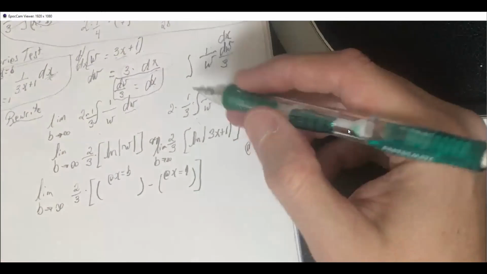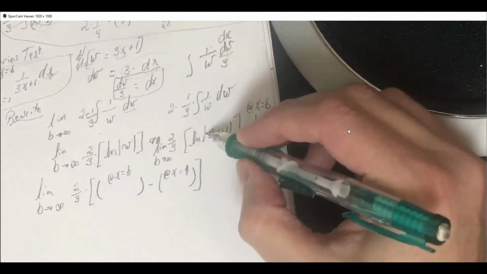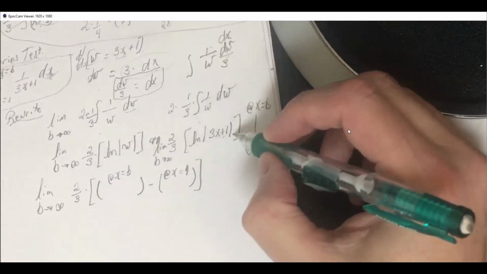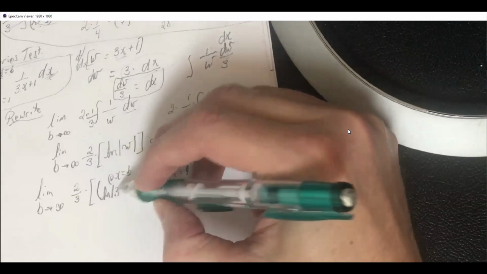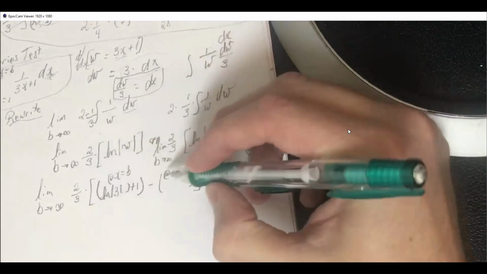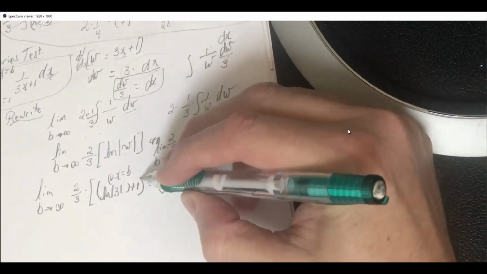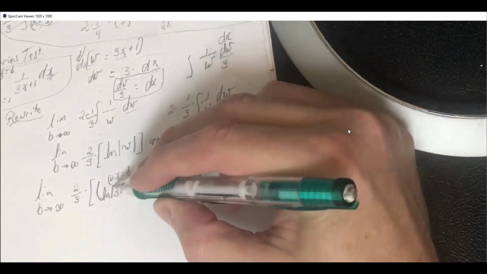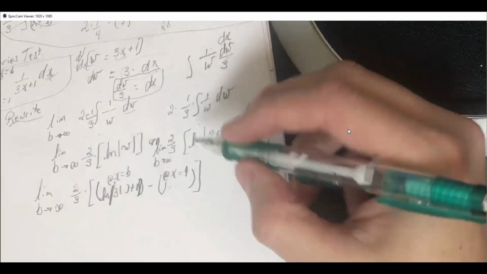And so what's going to happen, instead of the ln of absolute value of 3x plus 1, we're going to have everything there except for the x value on both of these. Oh, and then absolute value, sorry. Same thing here.